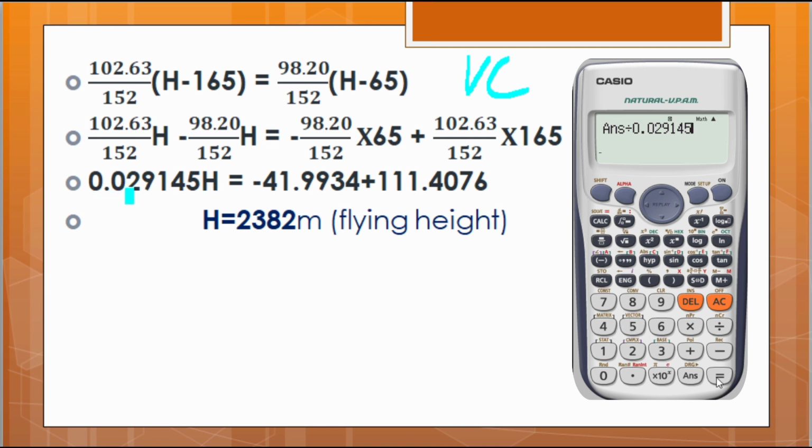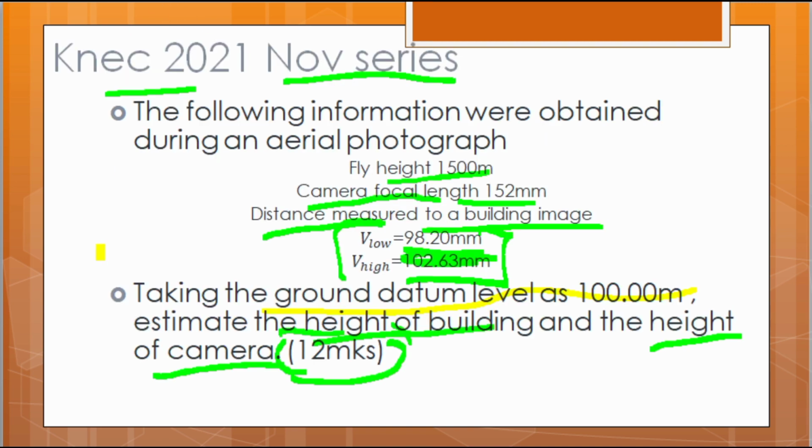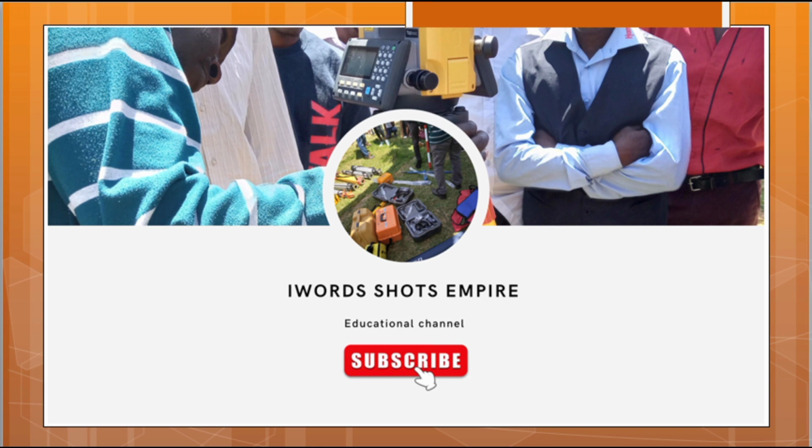By dividing the value that we have here by the total here, we get our flying height as 2382 meters. So this is how simple we calculate this equation. So we have solved the height of the building and the height of the camera, a total of 12 marks. So that was just simple like that.